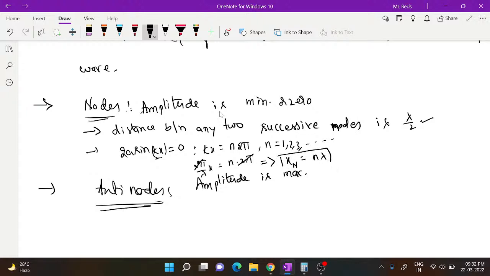Sorry, this is 2 pi by lambda, and it is not an integral multiple of 2 pi, only an integral multiple of pi. It means that for pi also it can be 0, right? So it is an integral multiple of pi.